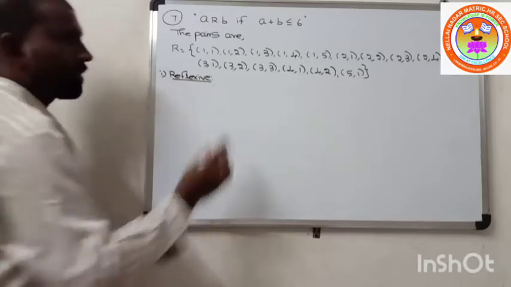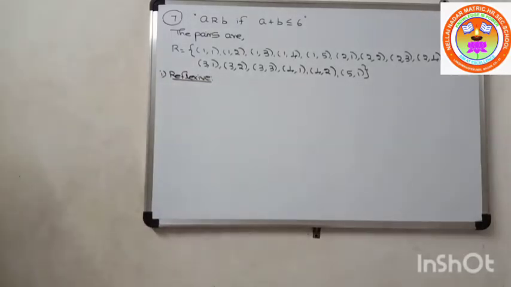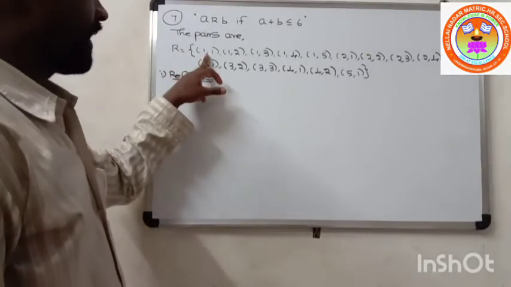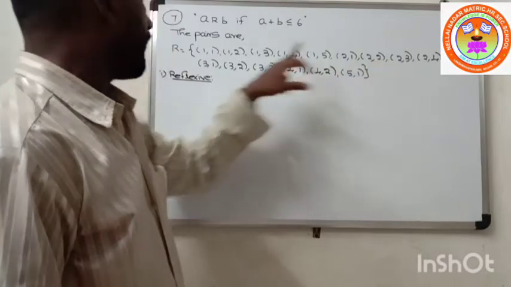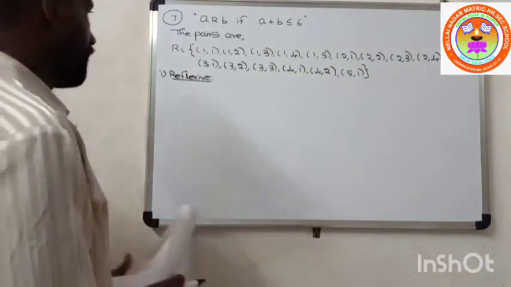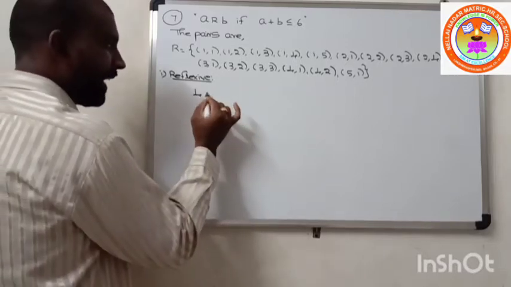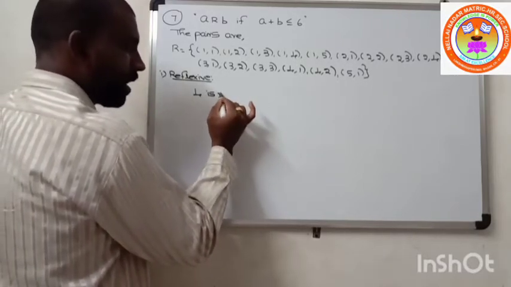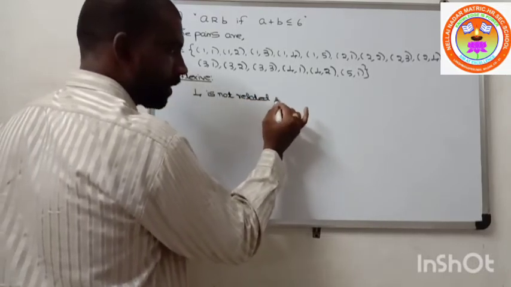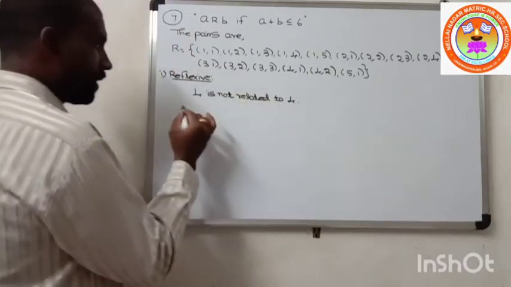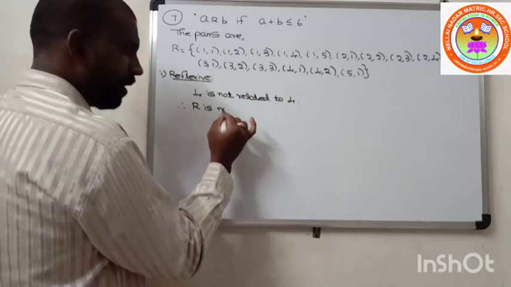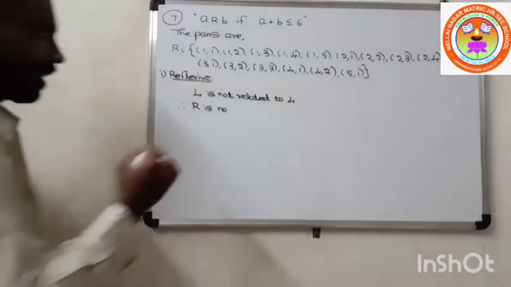For all the conditions satisfied, then only it is reflexive. 1 related 1 is given, 2 related 2 is given, 3 related 3 is given, 4 related 4 is not given. Therefore R is not reflexive.